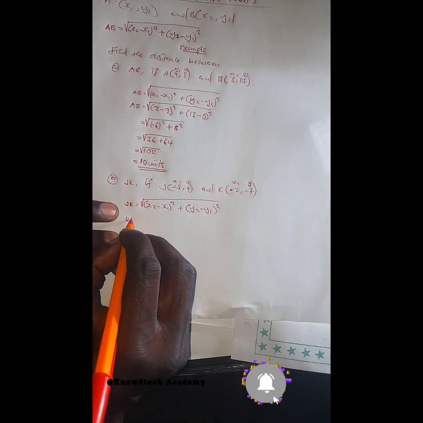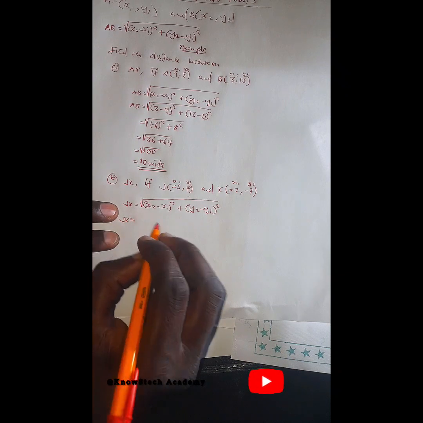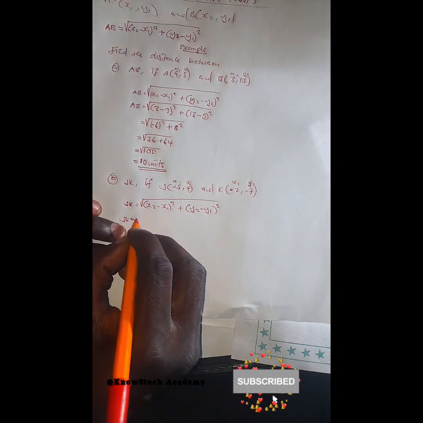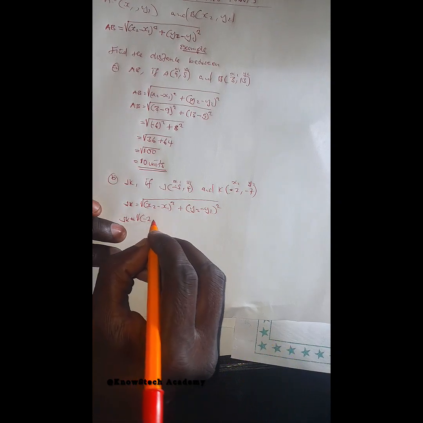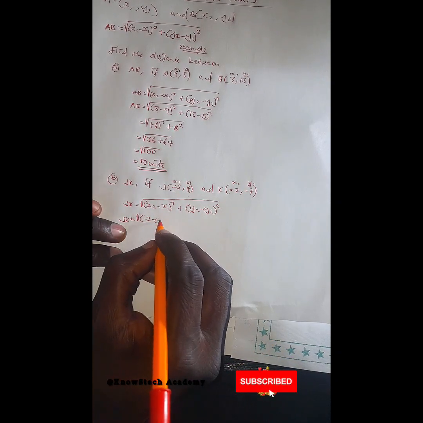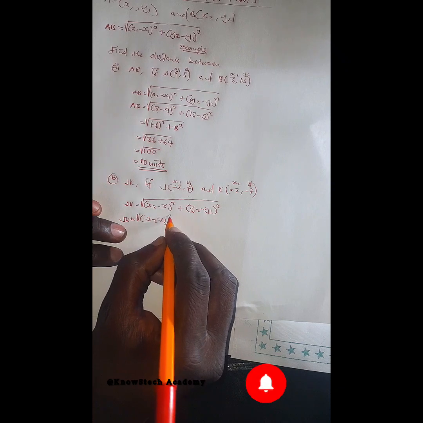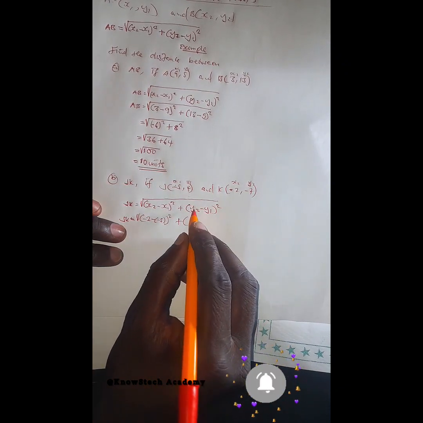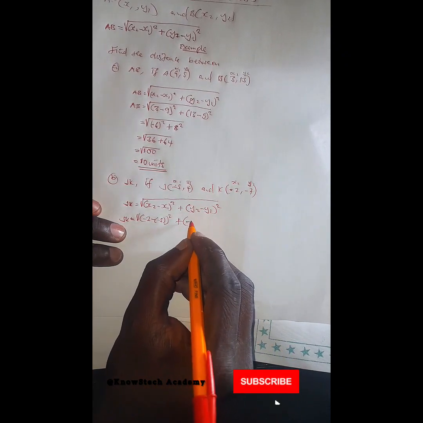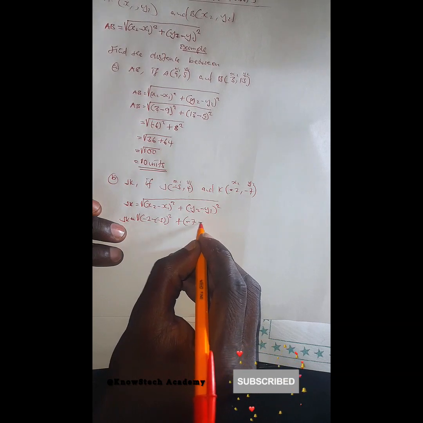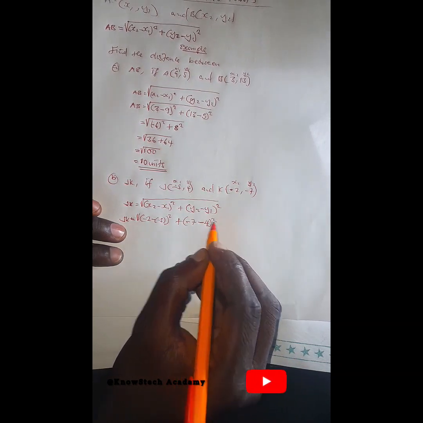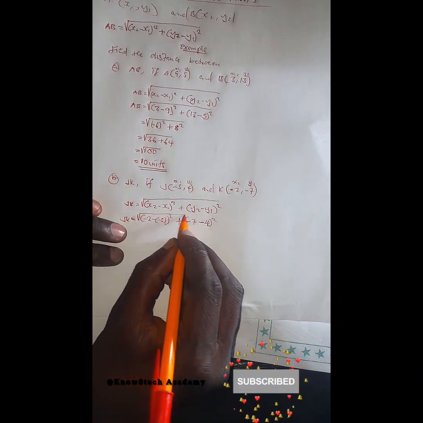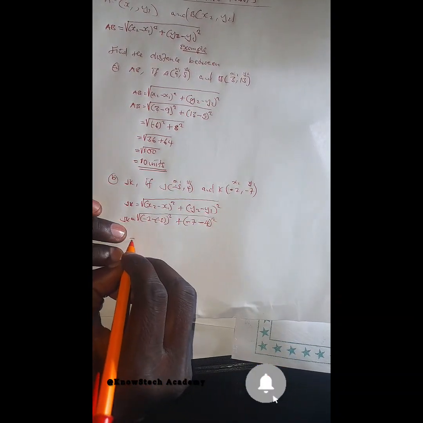So JK is equal to, let's substitute, x2 is negative 2 minus x1 is negative 5, squared, plus y2 is negative 7 minus y1 is positive 4, squared, the root of this.